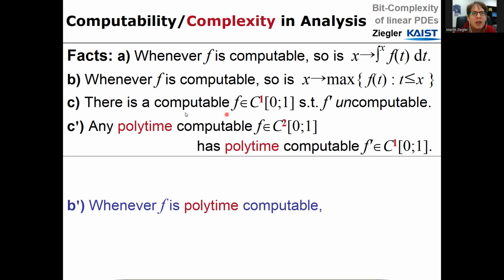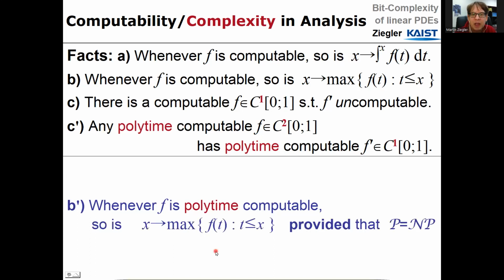First, we want to refine these computability statements A and B. Similarly, in the complexity setting, one can show whenever f is not just computable but polynomial time computable, then its parametric maximum is again polynomial time computable, provided, and here things start to get really interesting, provided that the millennium problem has a positive answer, provided that P is equal to NP. Okay, so that's interesting. I'm not going to prove that, but what is even more interesting is that this is optimal.